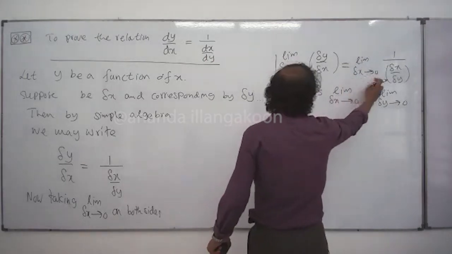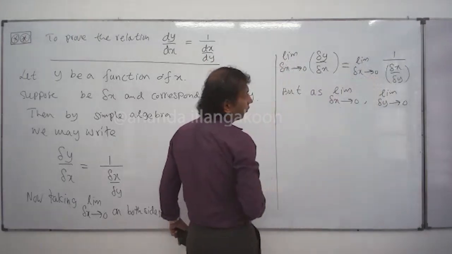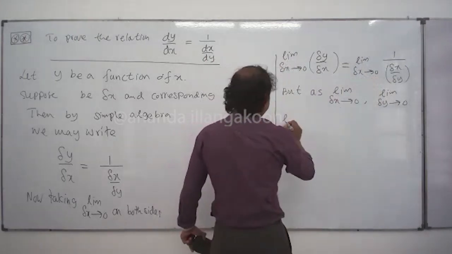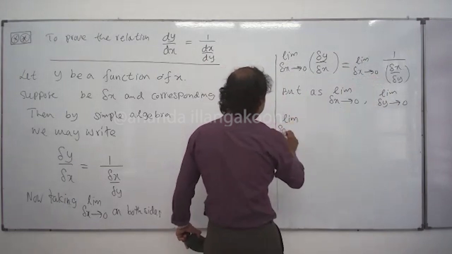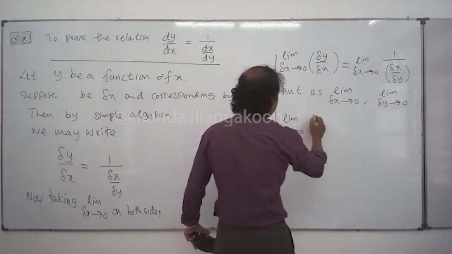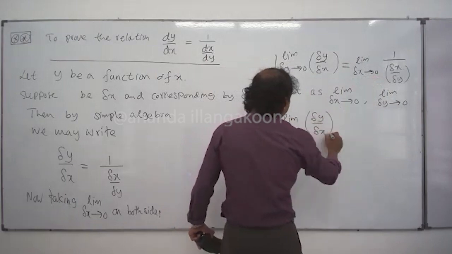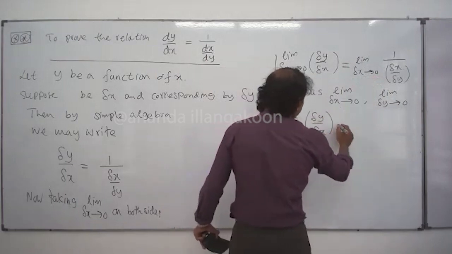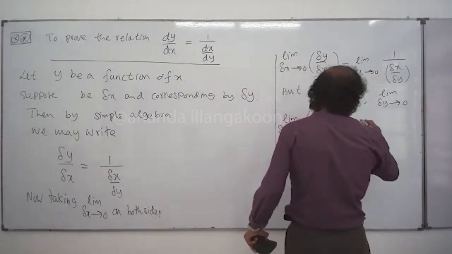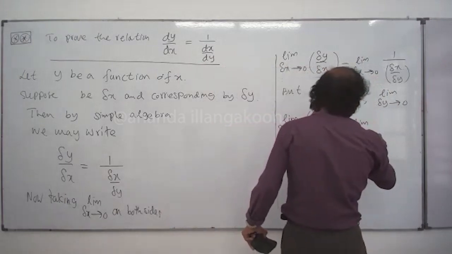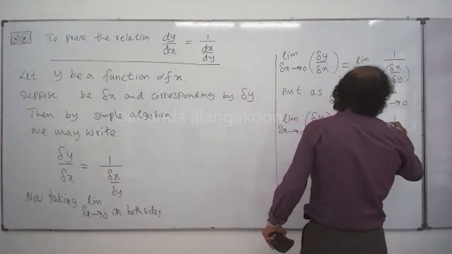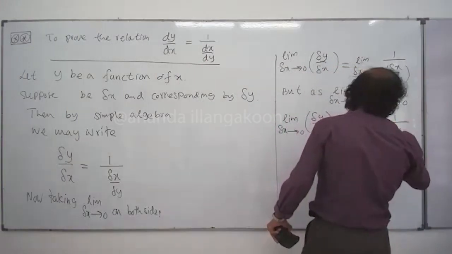We can write the right hand side this way, delta x going to 0 as delta y going to 0.